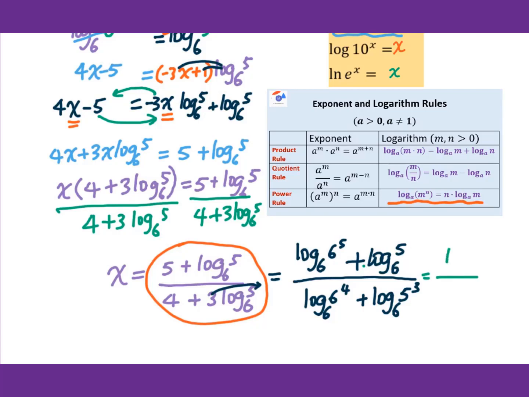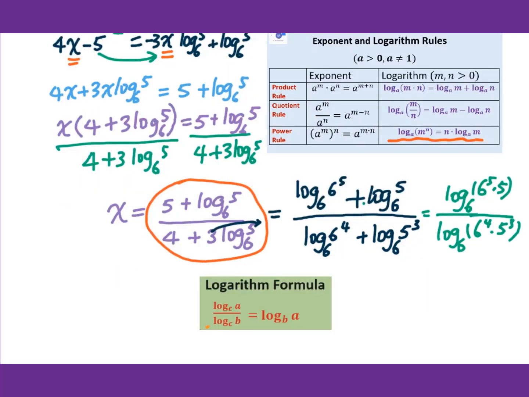Then you will get log base 6 to the 5th power times 5. The denominator will be log base 6 of 6 to the 4th power times 5 to the third power. Then you can use this formula. That's a change of base formula.